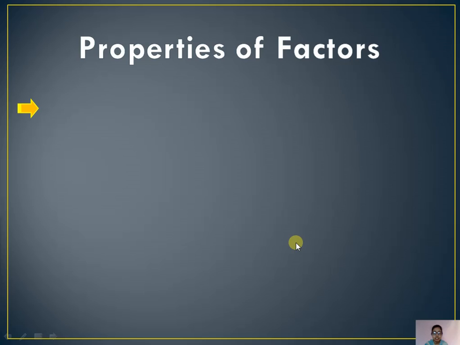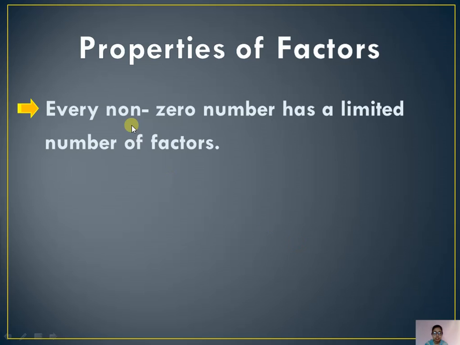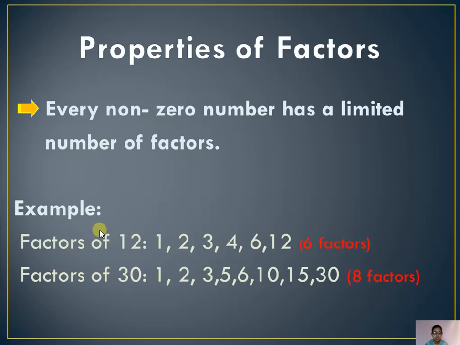Next property is every non-zero number has a limited number of factors. It means we can count its factors. For example, factors of 12 are 1, 2, 3, 4, 6 and 12.